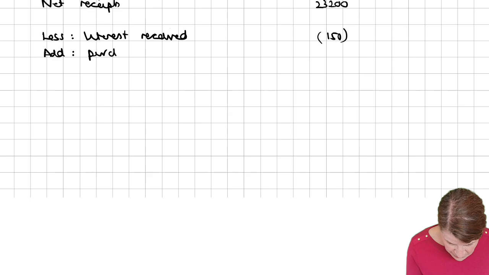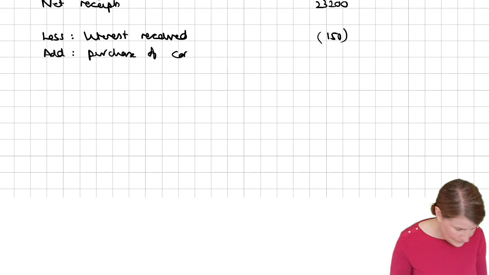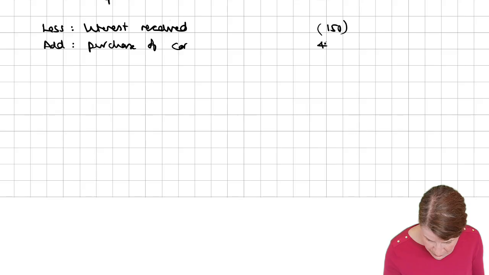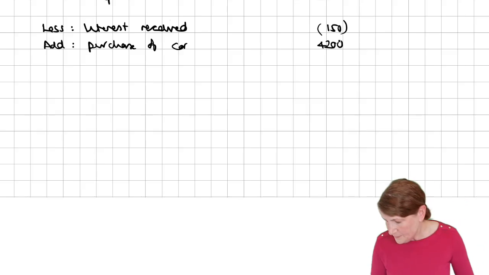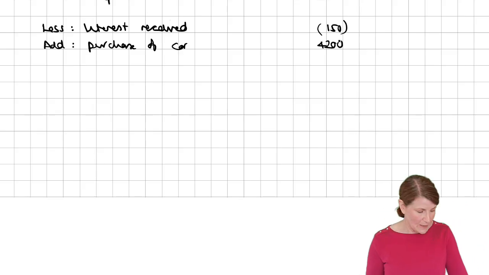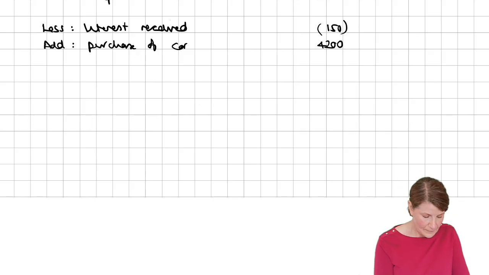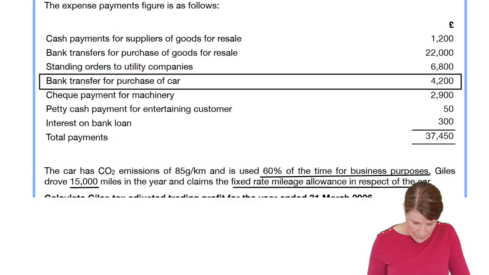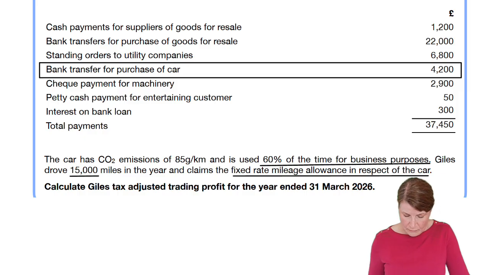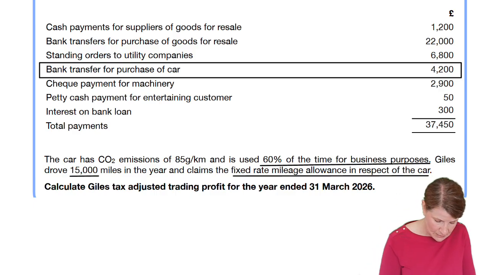So we've got the purchase of a car, 4,200, and that's a disallowed expense. We've got cheque payment from machinery. Well, as we've just said, that's absolutely fine. Petty cash payment for entertaining a customer.